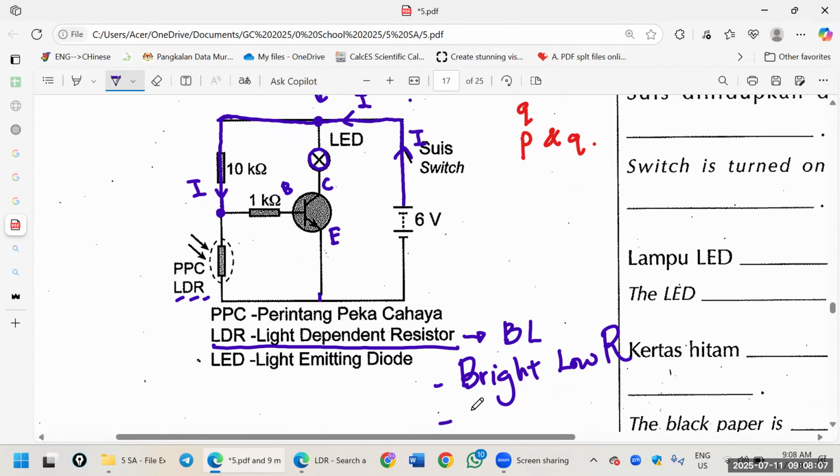When it is in the dark, what kind of resistance will it have? Dark high. Bright low means dark high, right? BL, you remember one is enough.